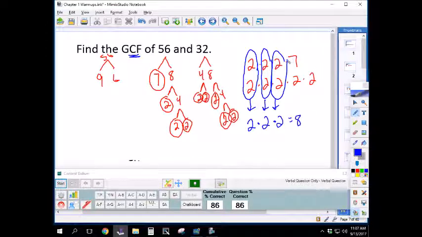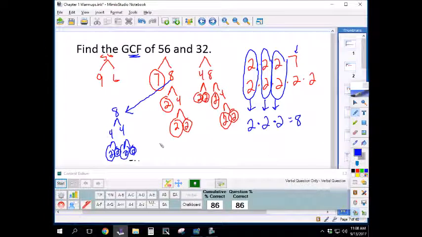So whoever missed this, the 2 people that got 16, I'm thinking maybe your handwriting got a little sloppy, or maybe you just didn't do the right prime factorization. Maybe you did 4. If you would have done this, which is wrong, but let's say you had 8 and you broke it down to 4 and 4, then you did 2 and 2, 2 and 2.